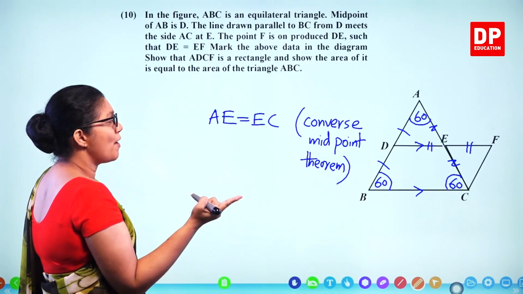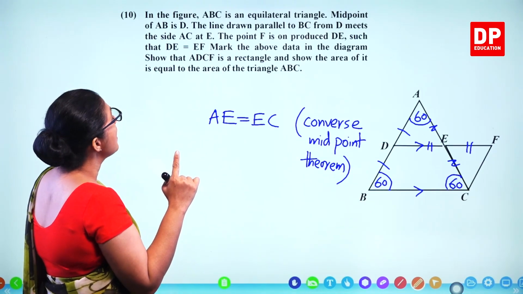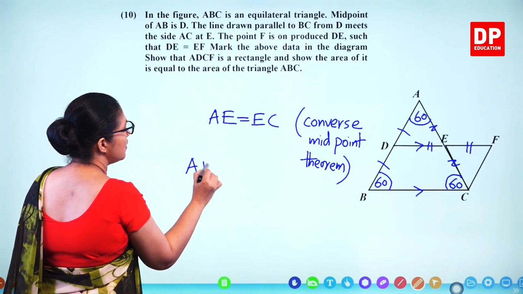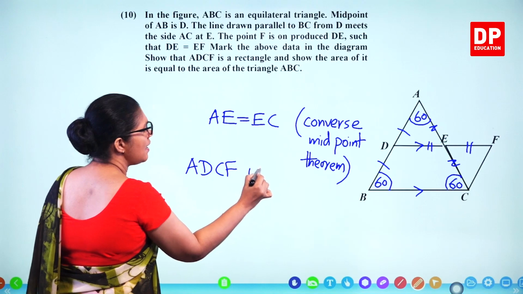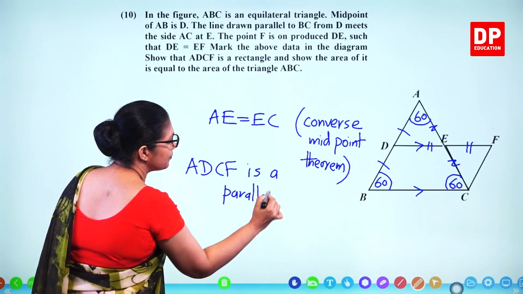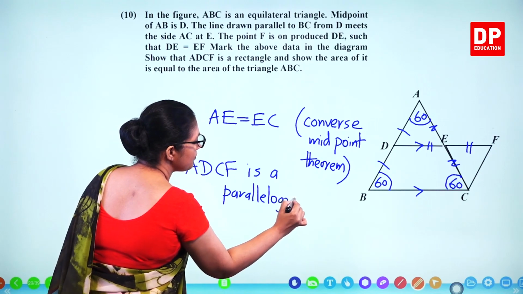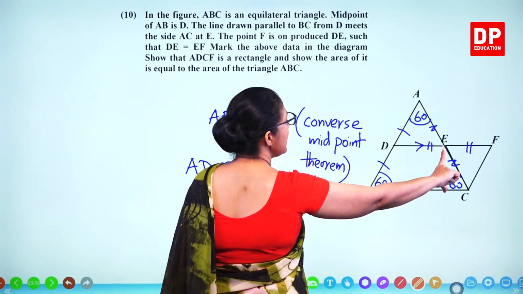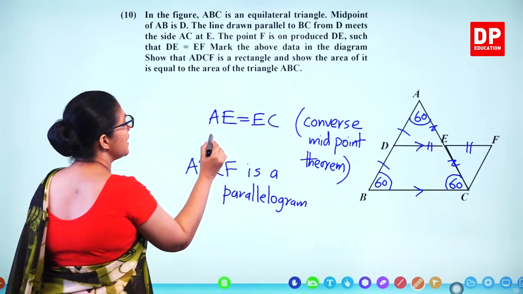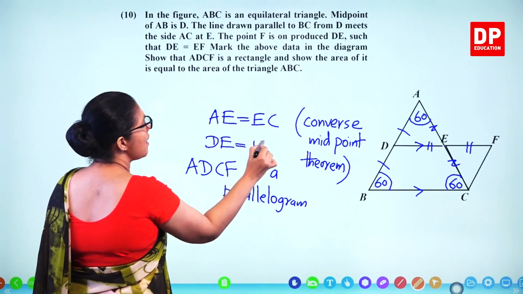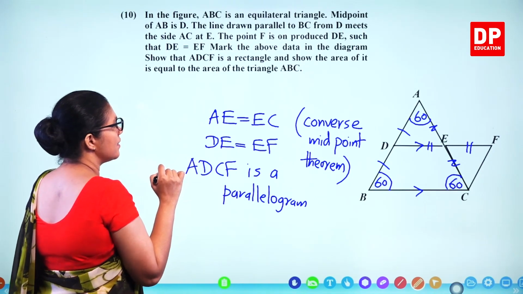What can you say about ADCF? ADCF is a parallelogram because AE is equal to EC, DE is equal to EF, that's given.